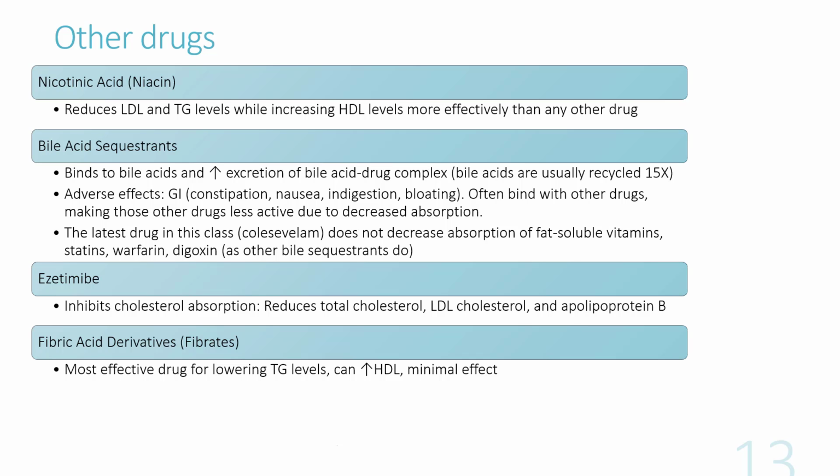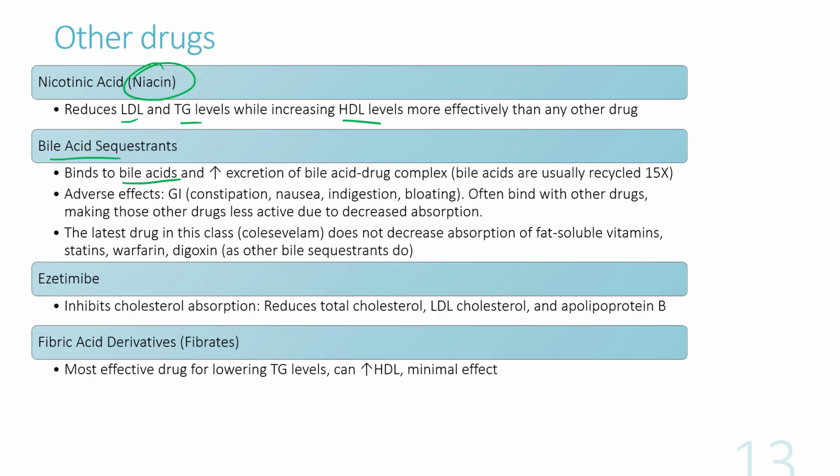Other drugs that are used to lower blood cholesterol levels are listed over here. So you've got niacin, nicotinic acid, which reduces LDLs and triglyceride levels by increasing HDL levels effectively. And you've got bile acid sequestrants that basically are a drug that binds to bile acid and increases the excretion of bile acids.